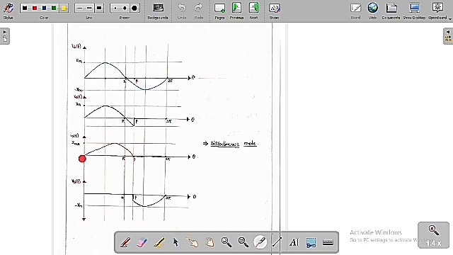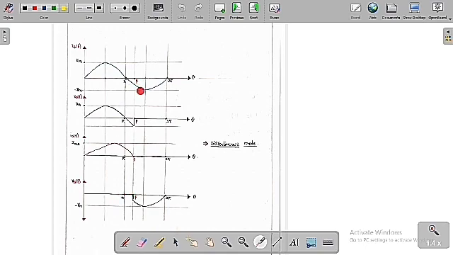Because of that, the current increases up to a certain angle, then decays and finally becomes 0 at angle beta. Up to beta the diode was on, and we are assuming an ideal diode, so its voltage is 0.